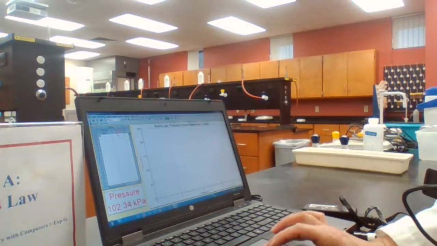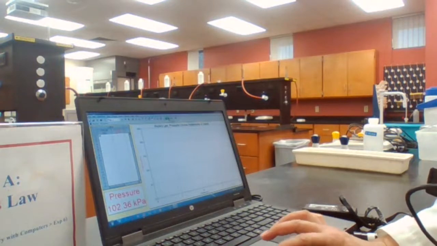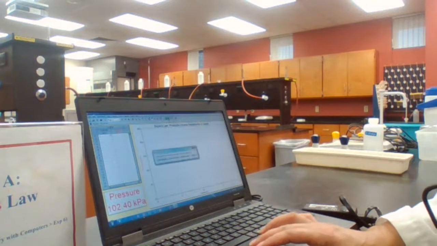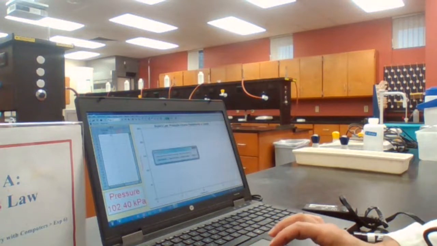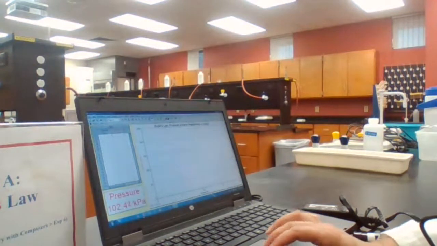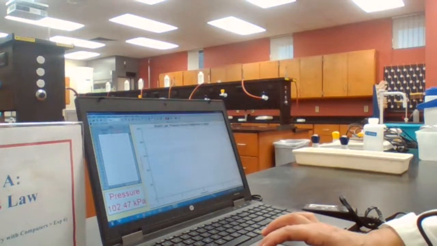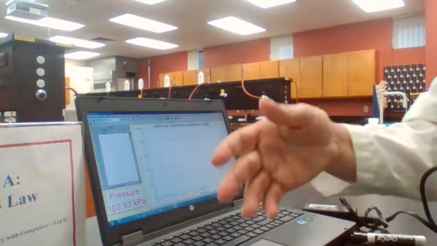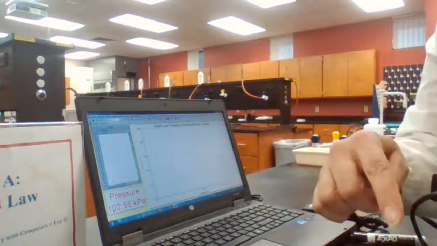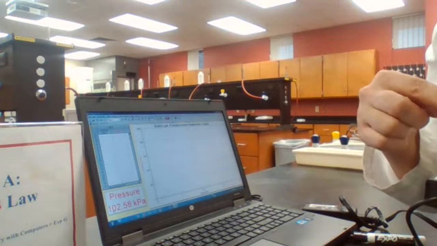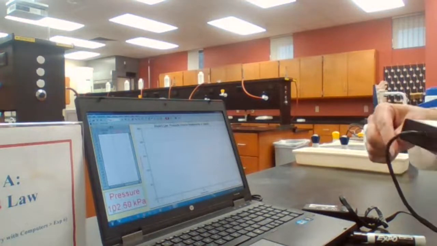And then if I say collect, it's going to record the pressure. Okay. So record this pressure in your paper, please, and I'll also put it on the chat so we can go back if someone has a question. It is 102.59.